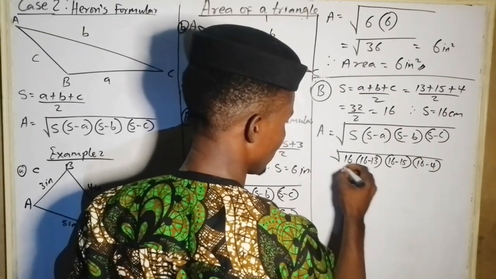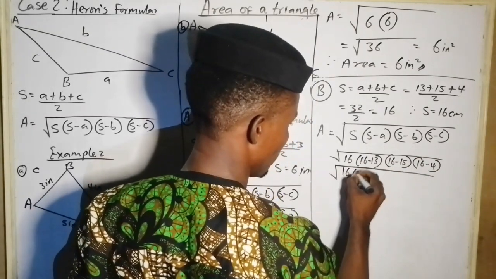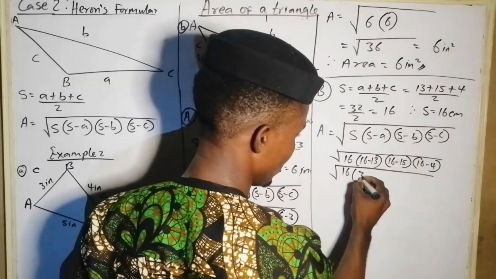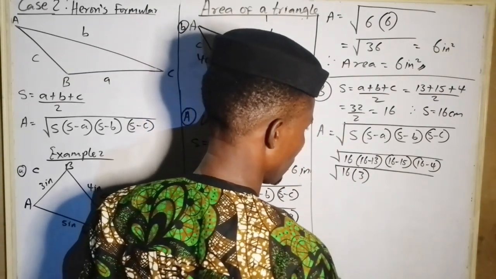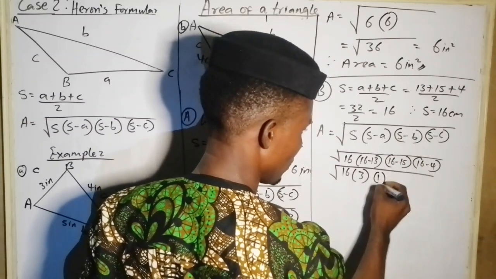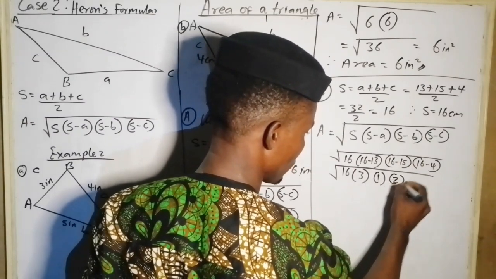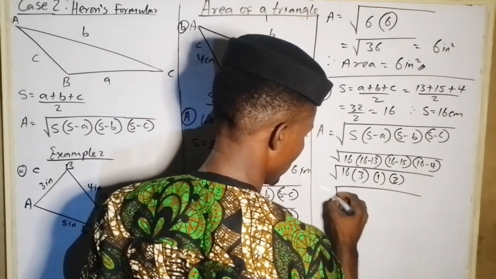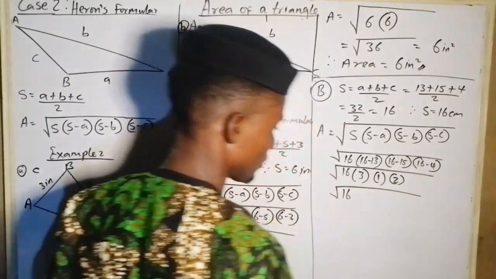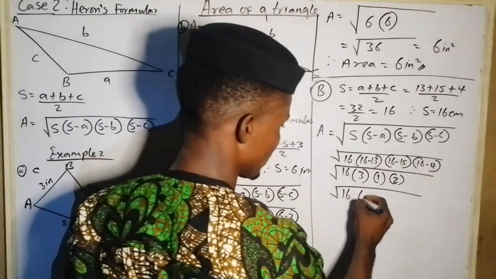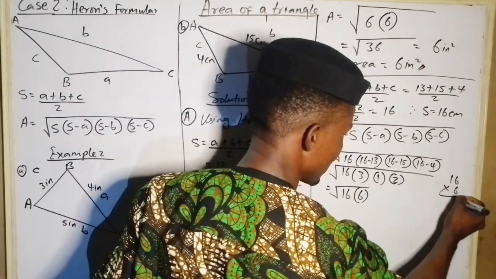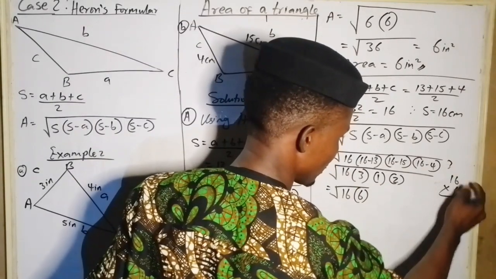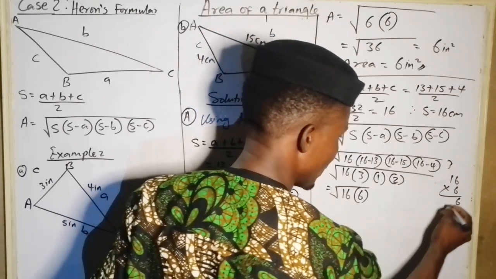So we have 16. Again, open the bracket. This is going to give us 3, this is going to give us 1, this will be 2. So we have 16, 3 times 1, 3. 3 times 2, that's 6. So we have 6 times 6 is 36. Write your 6, you keep your 3. 6 times 1 is 6 plus 3, that's 9.